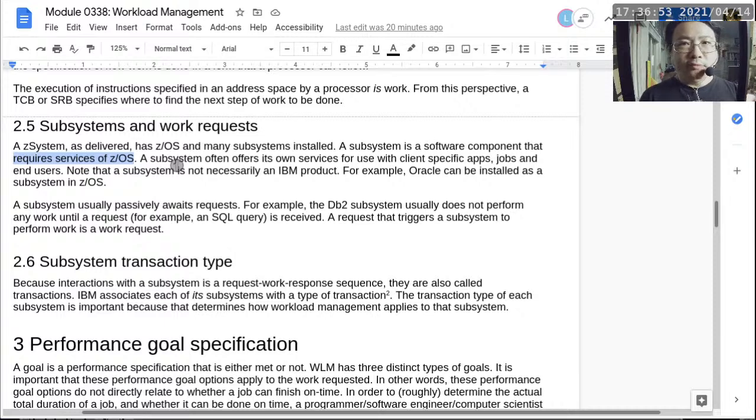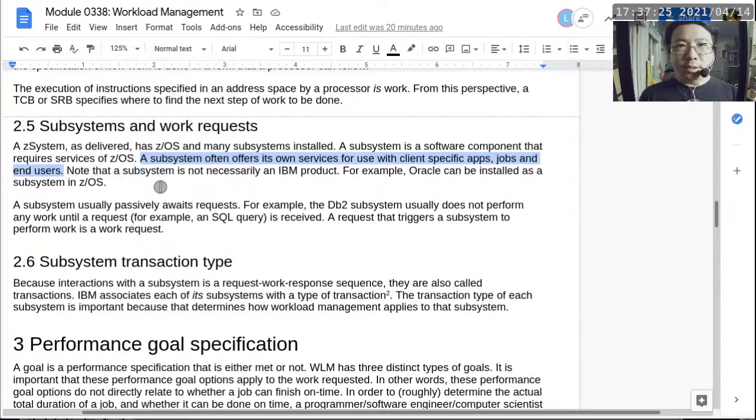The operating system itself is also not a subsystem, because it is usually just called the system, or the supervisor. So a subsystem is a software component that needs the services offered by z/OS, and in return a subsystem also offers its own services to client-specific apps, jobs, and end users.